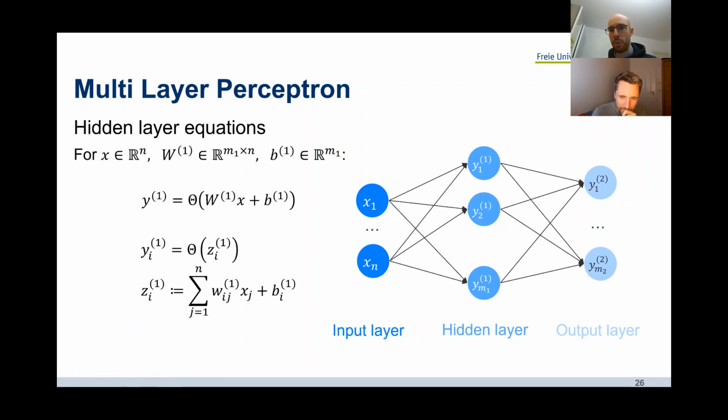If we join all these neurons into a vector, it's going to be an M1-dimensional vector. So our W1 is going to be an M1 times n dimensional matrix. Our bias vector is going to be an M1-dimensional vector. And our Y1 is then W1x plus B1. After that, we apply the Heaviside step function or a different activation function. We'll talk about this in a minute.